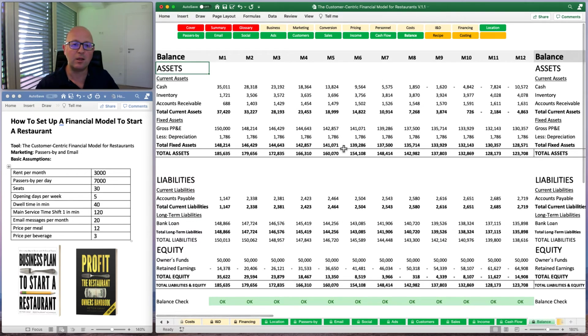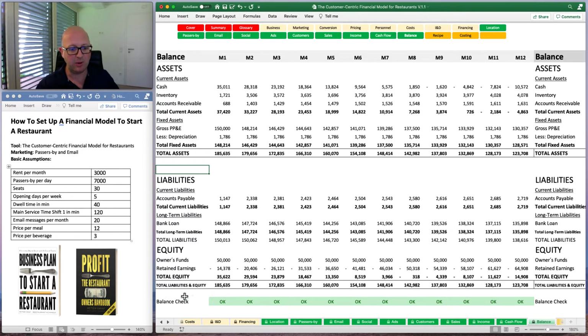And finally, the balance. And the balance must have a very simple fact. It must be balanced, means the assets on one side must be equal to the sum of liabilities and equity.